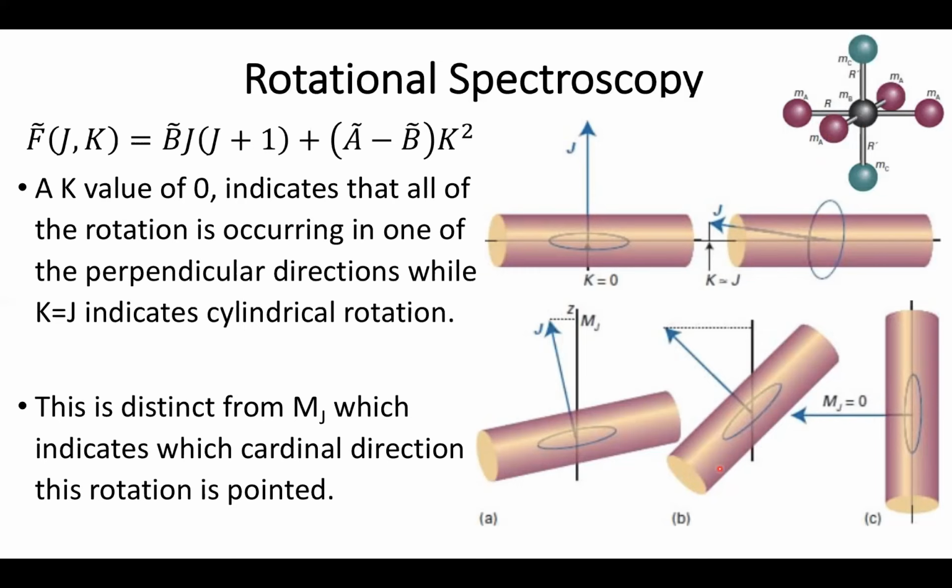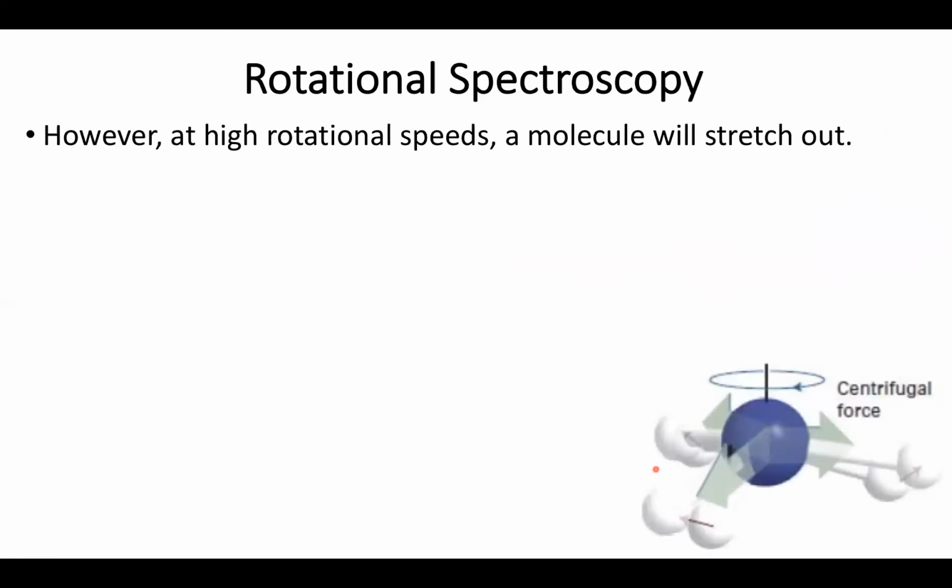So that brings us to one last feature of rotational spectroscopy that we should end up worrying about. And this is, again, a correction factor for some of our systems. And this is more or less the problem that at high rotational speeds, this rigid rotor model that we have, where my moment of inertia doesn't change, starts to break down a little bit.